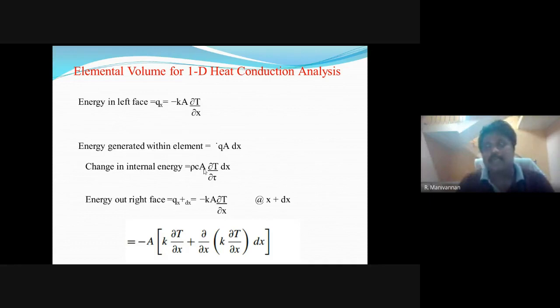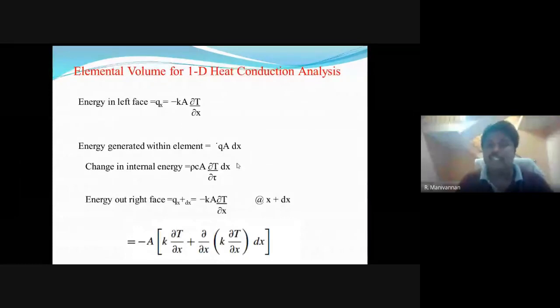Here we are going to use the concept of m Cp delta T, which is for the energy, and for the rate of change of internal energy we divide by dou tau. M is nothing but the density into volume. Here rho, the volume is given by A into dx, and Cp into dou T by dou tau. So rho Cp A dou T by dou tau into dx.